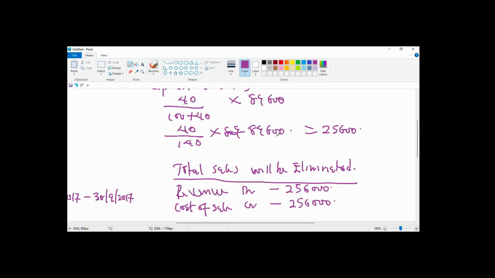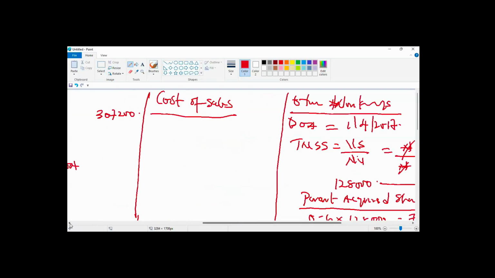So let's post that first. Don't forget we have opened a cost of sales account. In the cost of sales, go to the question. What is the parent's cost of sales? Parent cost of sales, 2016.